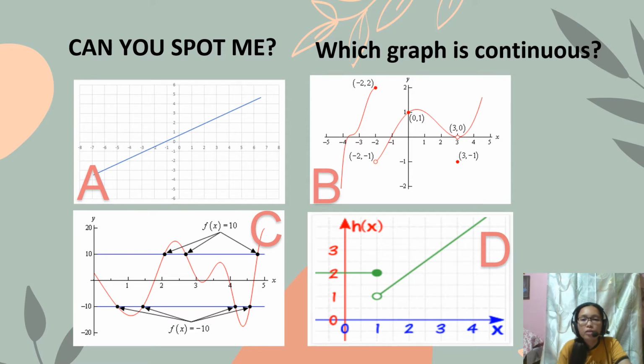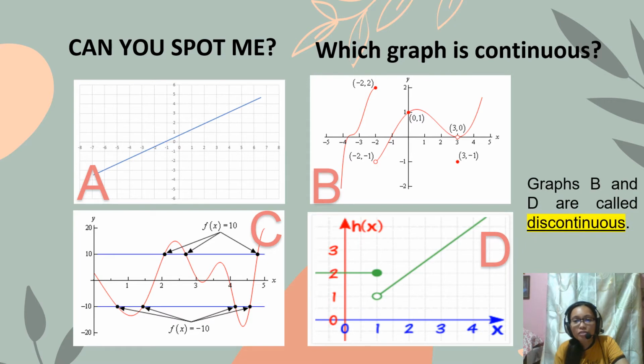So how about B and D? All right, graphs B and D are called discontinuous. Discontinuous, meaning the prefix dis means not, or these graphs are not continuous. Why?